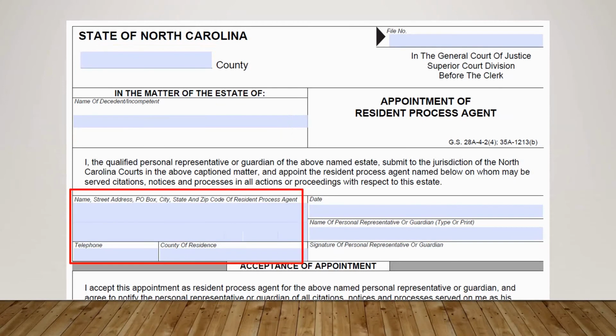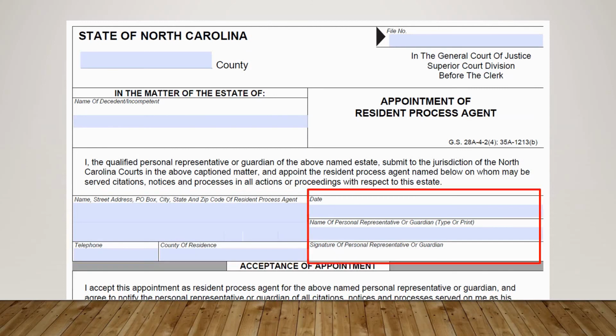Enter the name, street address, P.O. Box if applicable, city, state, and zip code of the person who will serve as the resident process agent. Also provide the process agent's telephone number and county of residence. Include the date, then print and sign your name as the personal representative.